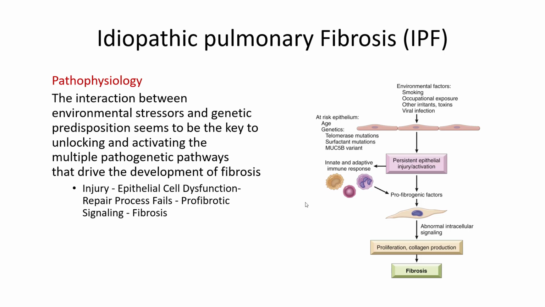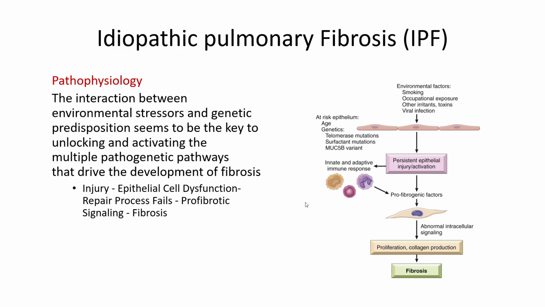Now, we have already touched on the pathophysiology. We know that environmental factors, smoking, occupational exposures, viral infections, in the presence of folks that are closer to 75 in age tend to have a greater likelihood to contract IPF, and then folks that may have genetic mutations that give rise to this at-risk epithelium. This produces an injury.